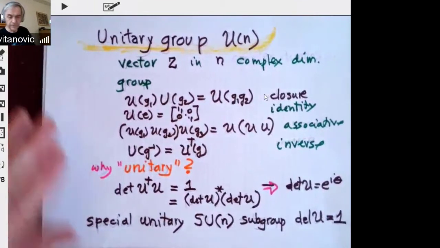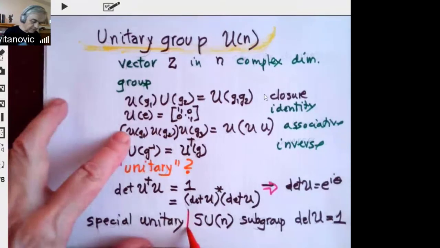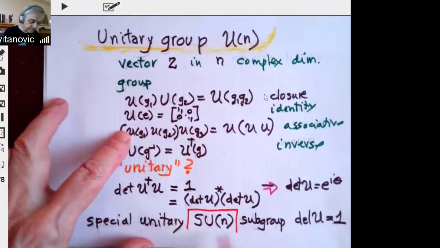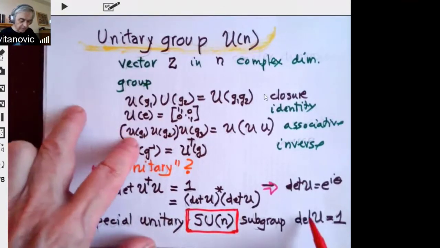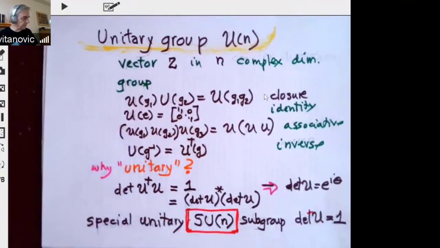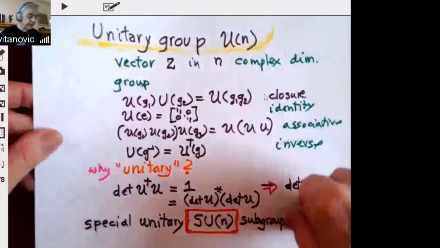And that turns out to be very easy to implement in practice. So in practice, and for many other reasons, people tend to really study special unitary groups. You see them all over the place. You have removed this overall phase, but sometimes you study a unitary group with the phase. So that's the unitary and special unitary group in n dimensions.